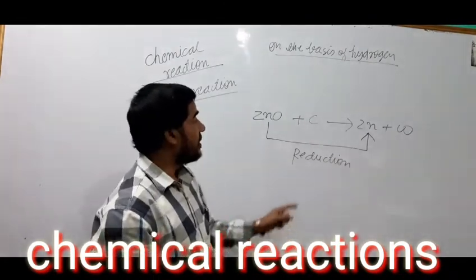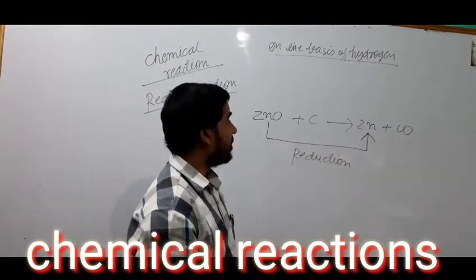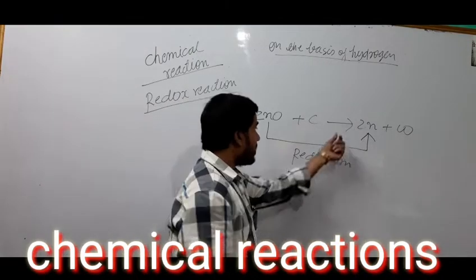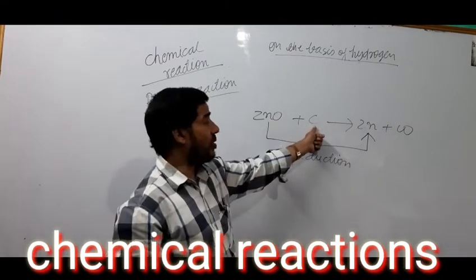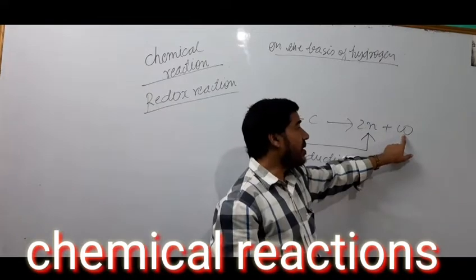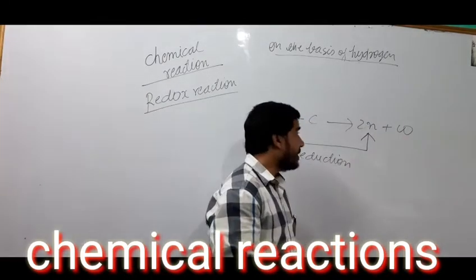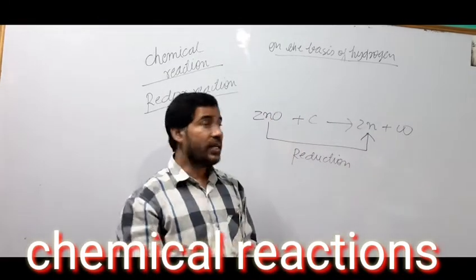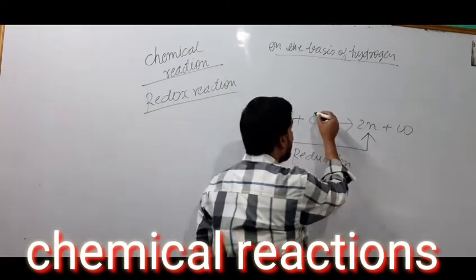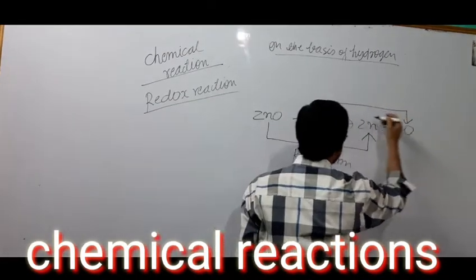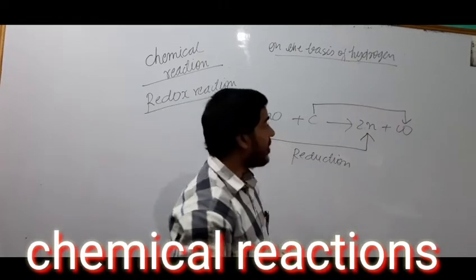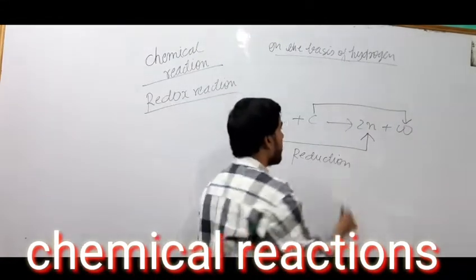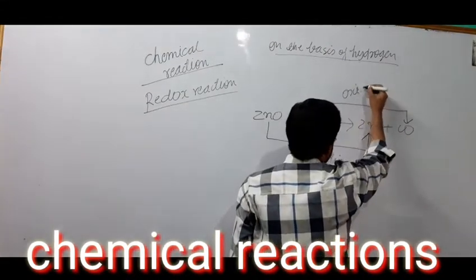But if we take the example of carbon, then you are seeing here towards the reactant side carbon is alone, but towards the product side carbon is present with oxygen, and it tells that addition of oxygen takes place with carbon. And since addition of oxygen takes place here, we can say carbon gets oxidized into carbon monoxide, means this.